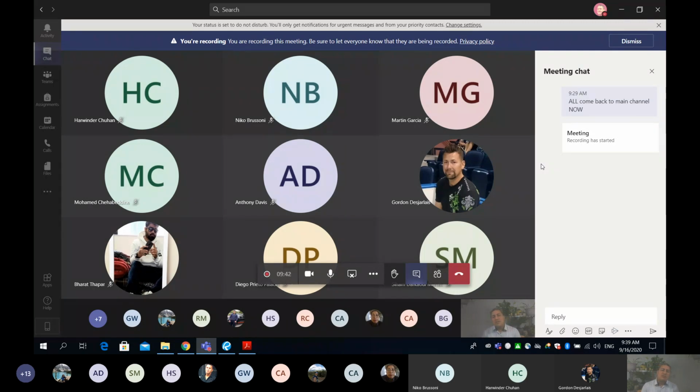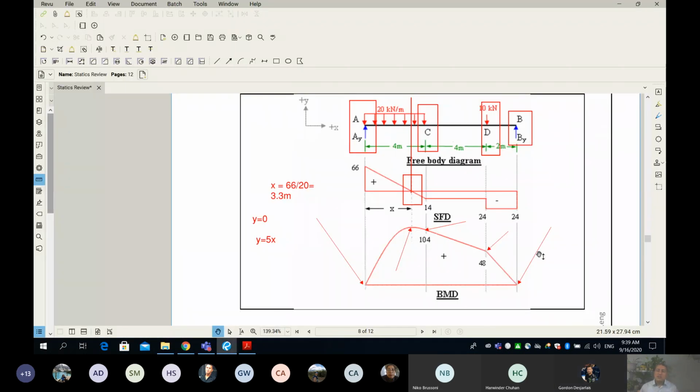However, let me explain. Last year, what you learned is that for a simple beam, your bending moment diagram will be on the top, which means it's the compression side.